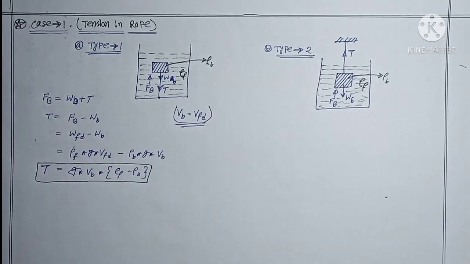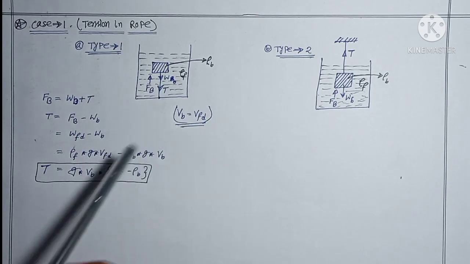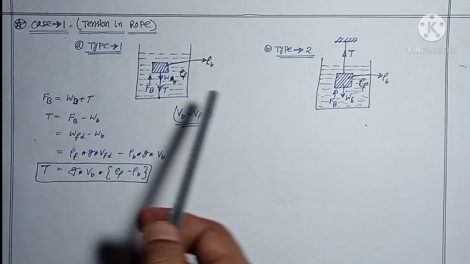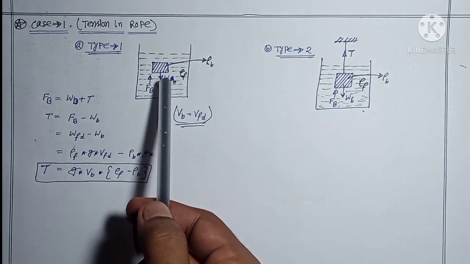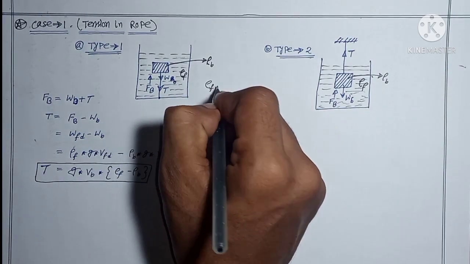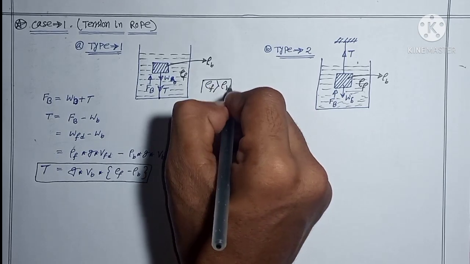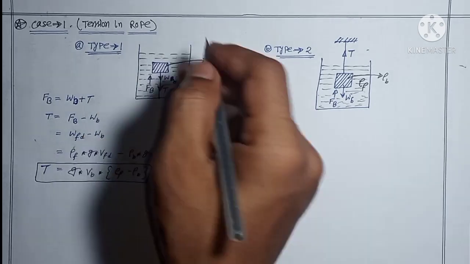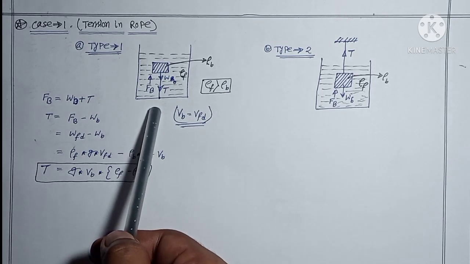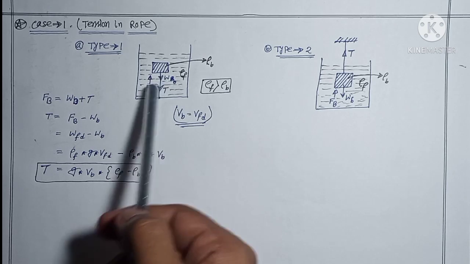Now carefully listen. In type 1, you just remember that g and the volume of body we can take common. When the density of the fluid is greater than the density of the body, the body tries to go in the upward direction, but with the help of a rope we do not allow the upward movement of the body.